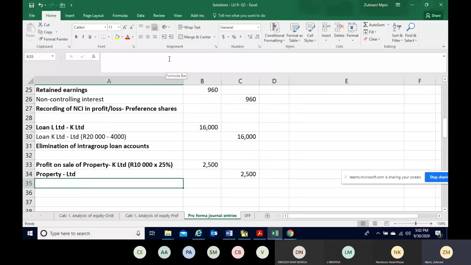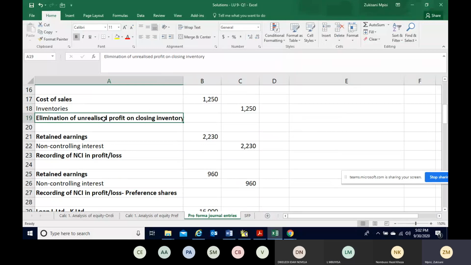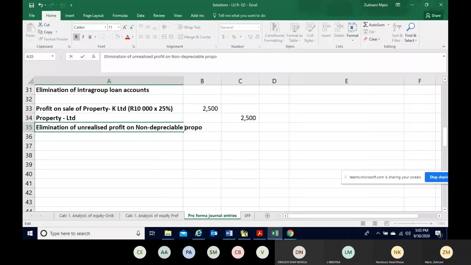So here we are eliminating unrealized profit on non-depreciable property.